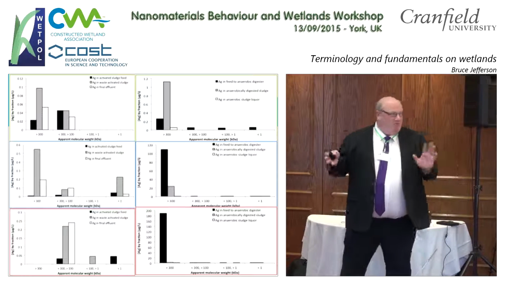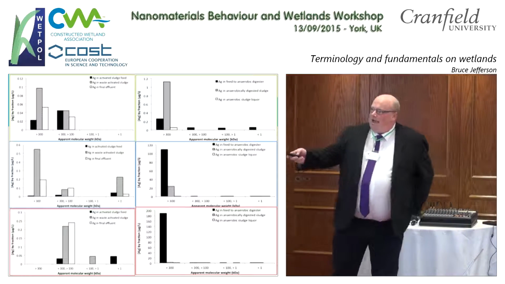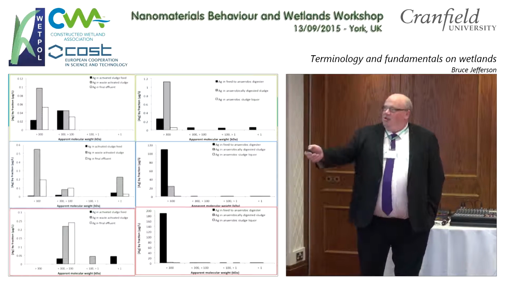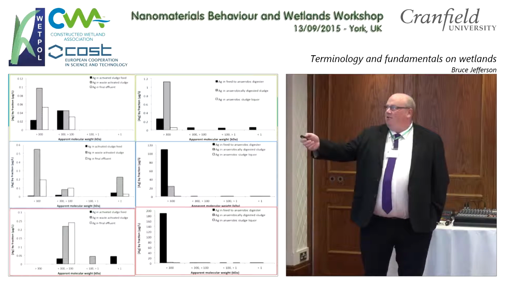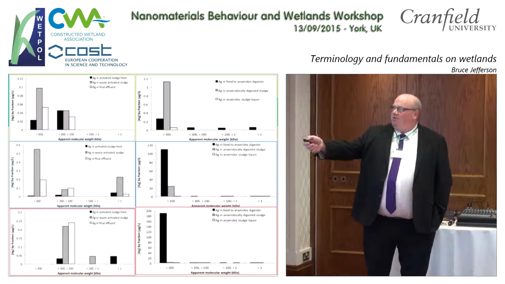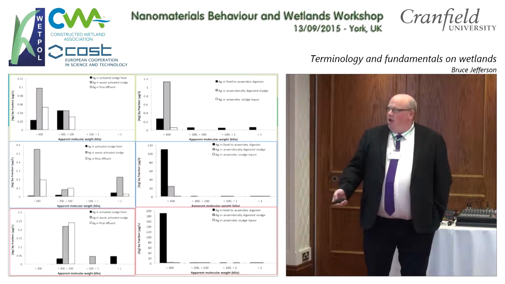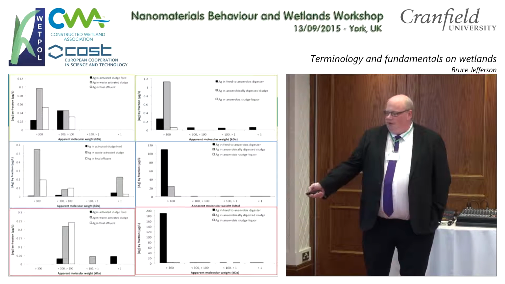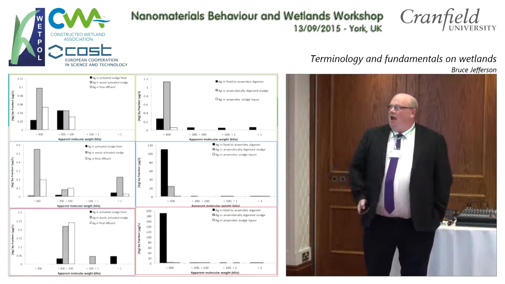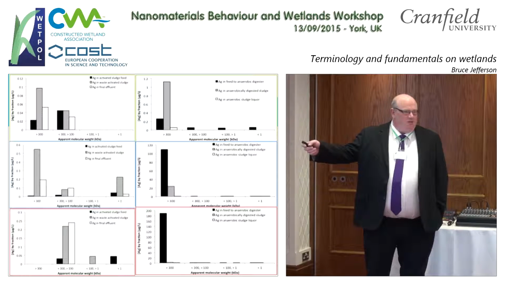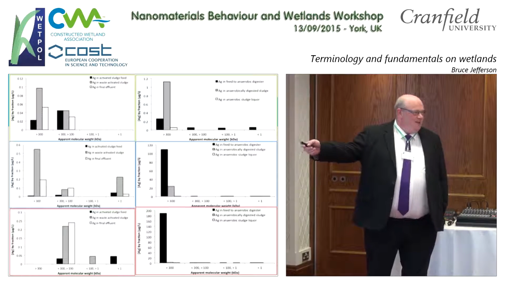Okay, so we went through all of the things. Now what we're looking at here is the aerobic side, the anaerobic side, the control, the dissolved metal, the nanoparticle. And all I'm trying to show through this is the different fractions, really small to quite big, and I've kept them as kilodaltons because I don't believe in the transference into nanometers.